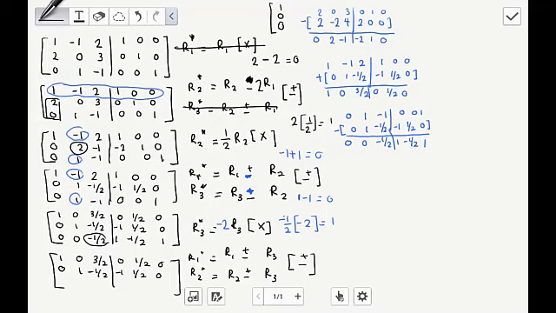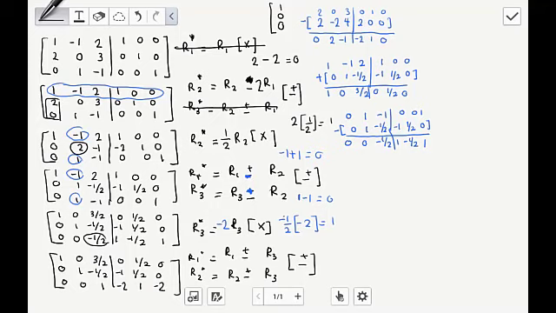We have a new row 3. We're going to multiply row 3 with negative 2. So this will give us 0, 0, 1, negative 2 times 1, negative 2. Negative 2 times 1 over 2 is 1, and negative 2.